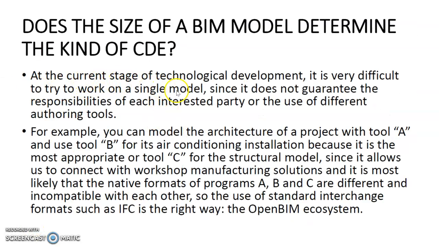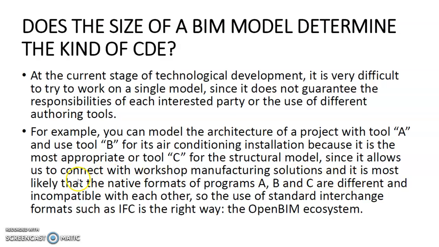At the current stage of technological development, it is very difficult to work using just one single model, since it does not guarantee the responsibilities of each interested party or the use of different authoring tools. For example, you can model the architecture of a project with tool A and use tool B for its air conditioning installation because it is the most appropriate, or tool C for the structural model since it allows us to connect with the workshop manufacturing solution.